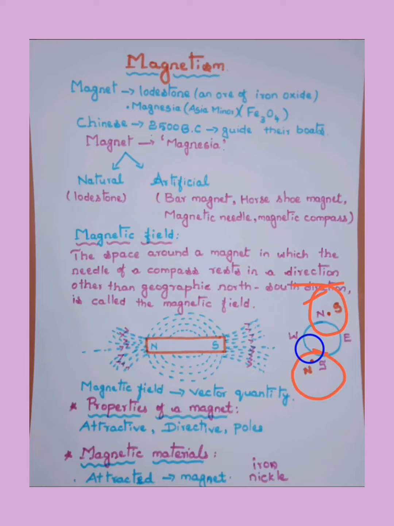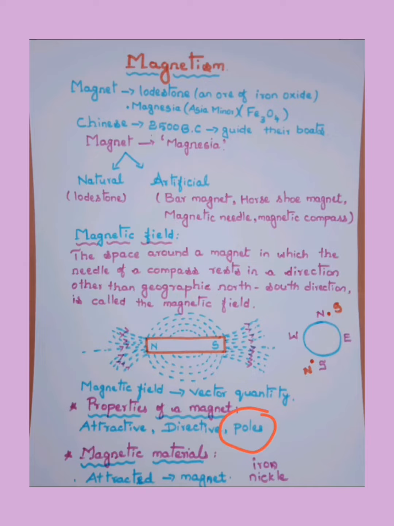The magnetic north pole, is it in geographic south? Hence a freely suspended magnet comes to rest in the north-south direction, because south will be attracted to north pole, north pole will be attracted to south pole. That is one among the properties of magnet.